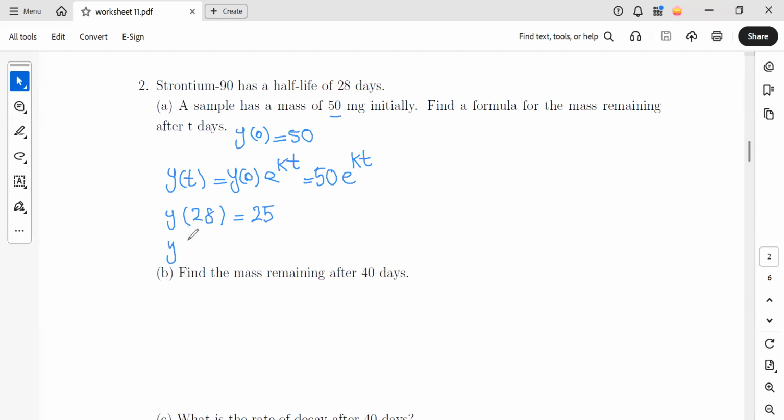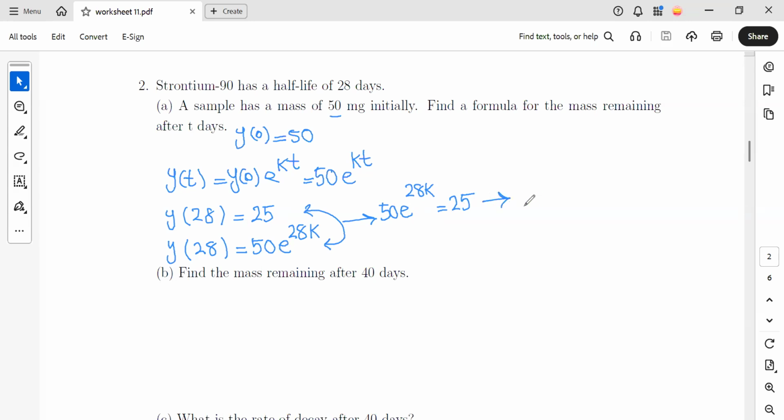Also, using the general formula, y of 28 will be equal to 50 e to the power 28k. So the left parts are the same. From the right part, we can have an equation, which is 50 e to the power 28k is equal to 25.